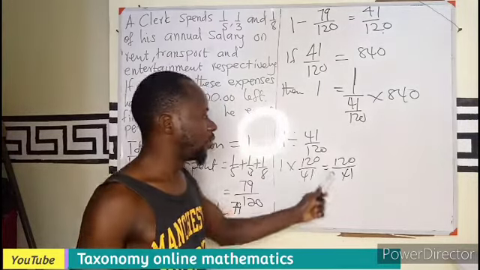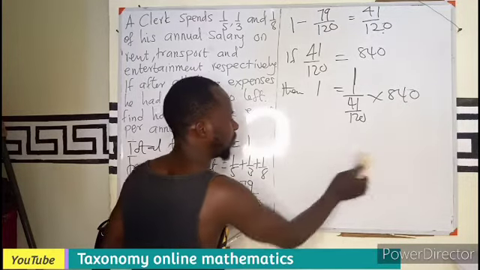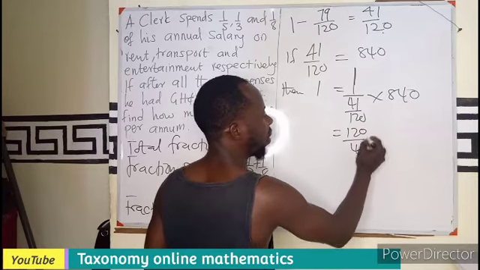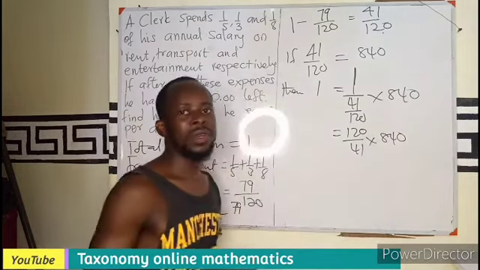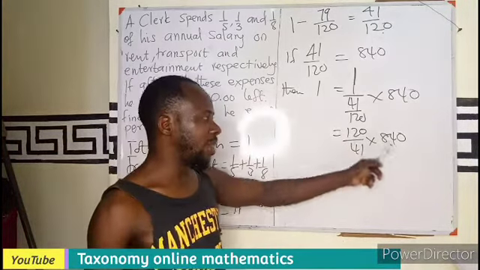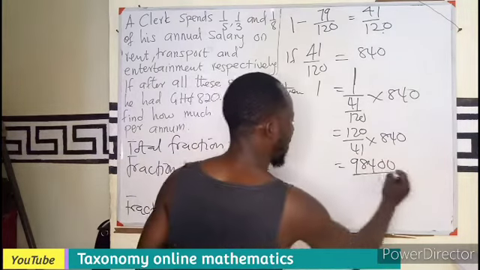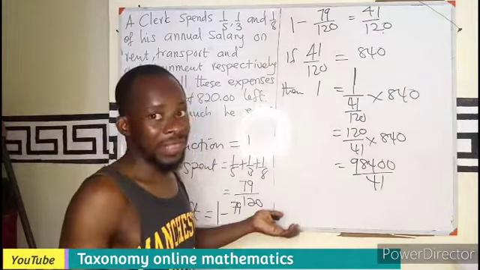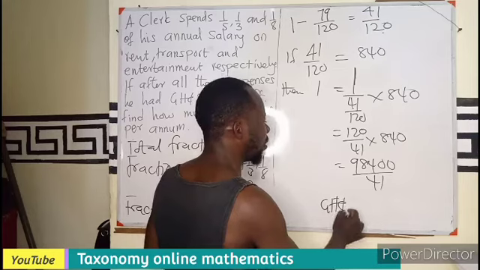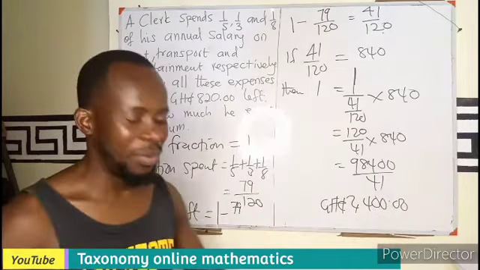So this is what I'll have from all this long division. So that becomes 120 over 41 times 840. You realize that with the first method and the second method, when you multiply 120 by this, we end up getting 98400 divided by 41. And we are still dividing by 41, so we will still end up getting our 2,400 Ghana cedis.